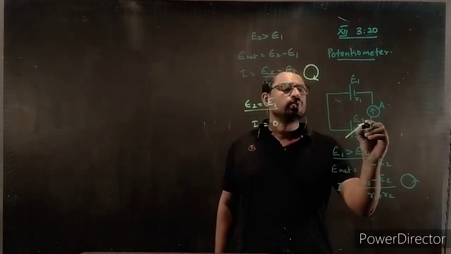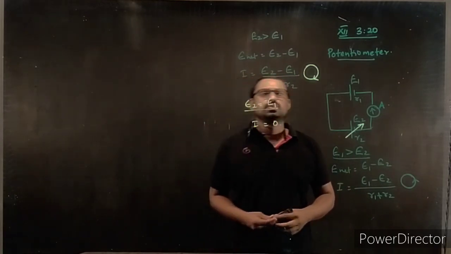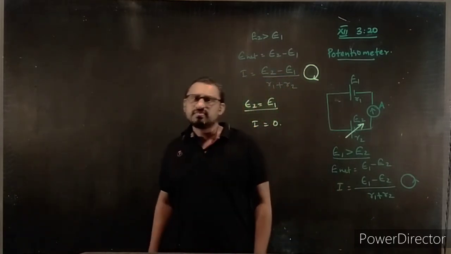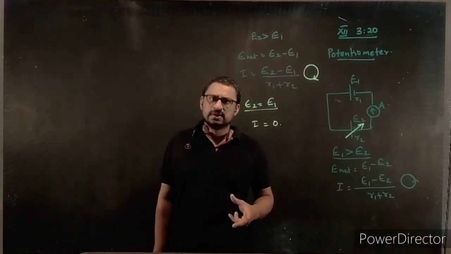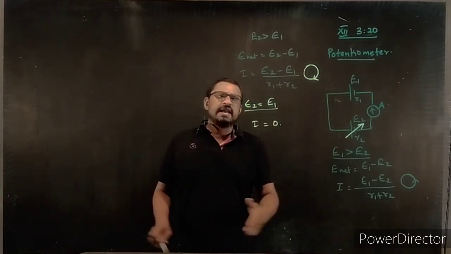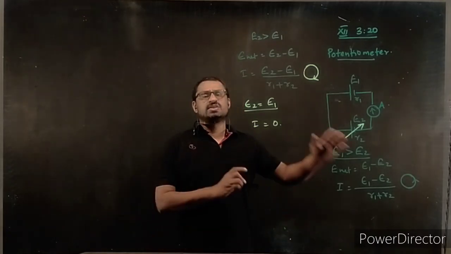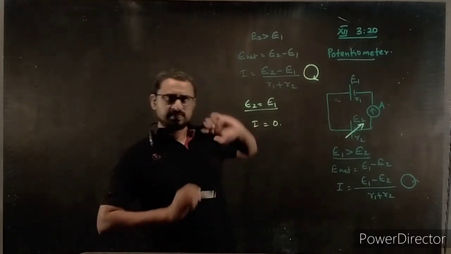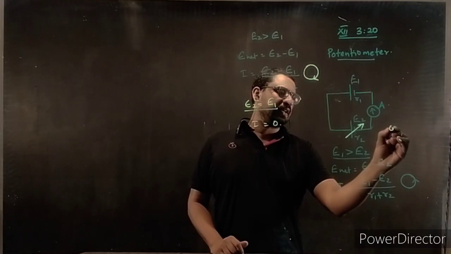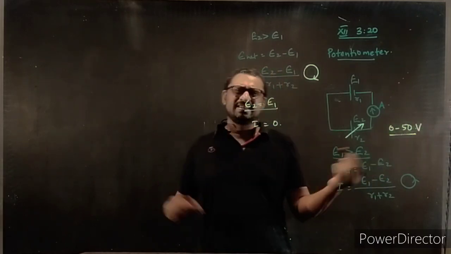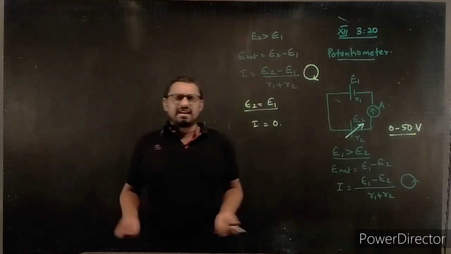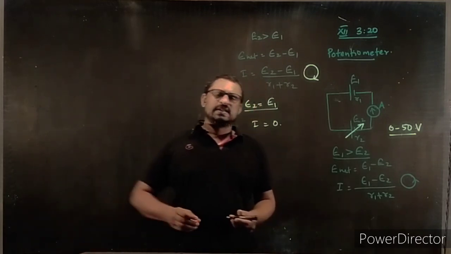And E2 is a source of EMF whose value can be varied from 0 onwards, suppose 0 to 50. I'm just giving a rough example.